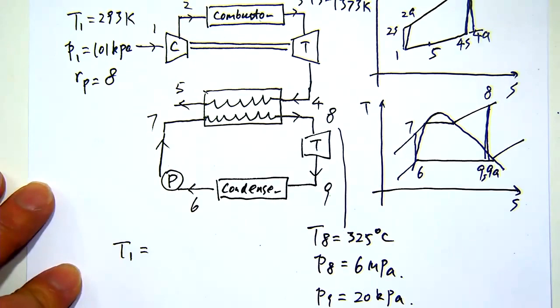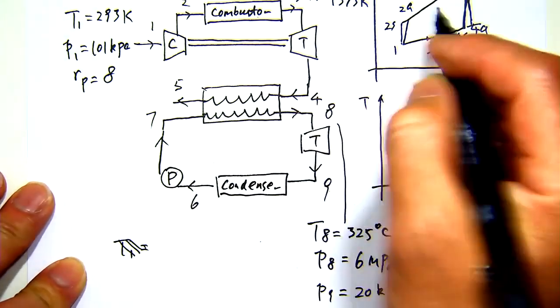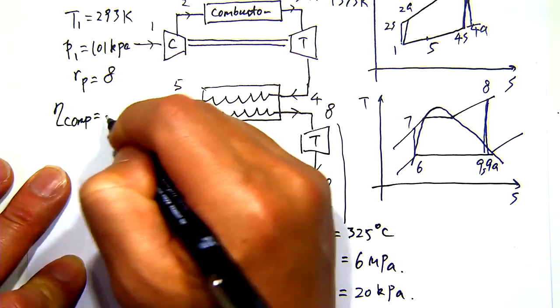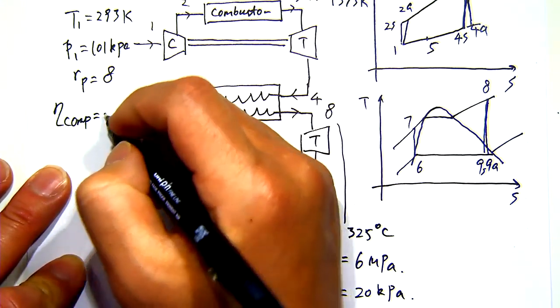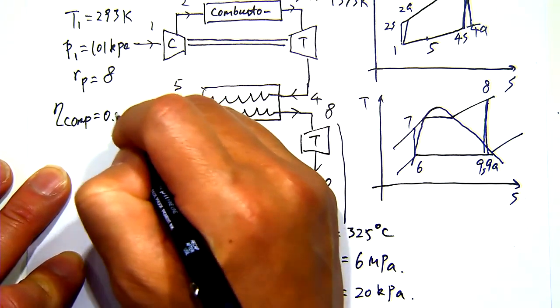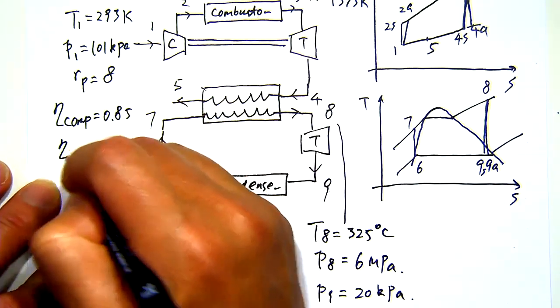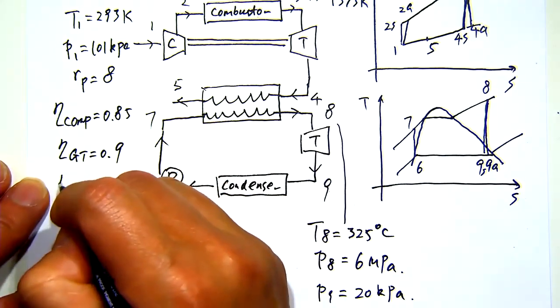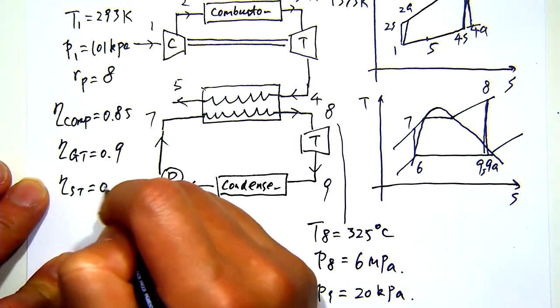And then we have the efficiency, right? The efficiency of the compressor is what? 85. Efficiency of the gas turbine is 0.9, and the efficiency of the steam turbine is also 0.9.